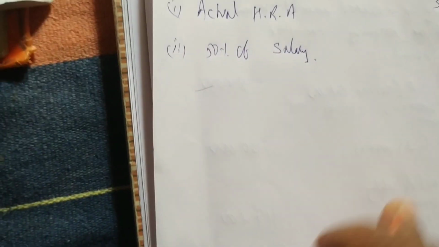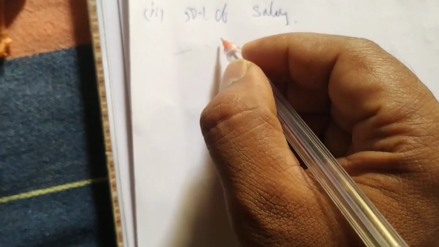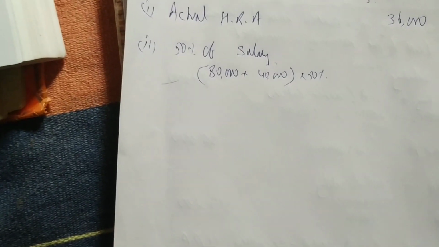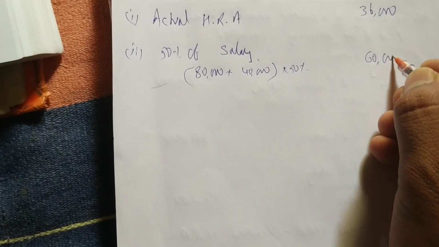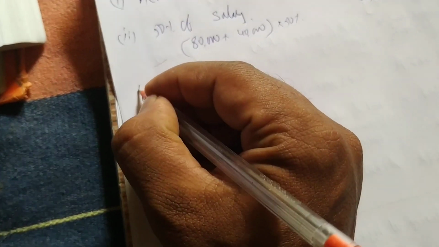Next we have to do 50% of salary, because he's staying in Mumbai, that is a metro city. So salary we are having here, basic pay 80,000 and DA 40,000. 80,000 plus 40,000 into 50%. So 1,20,000 into 50%, we are getting 60,000.